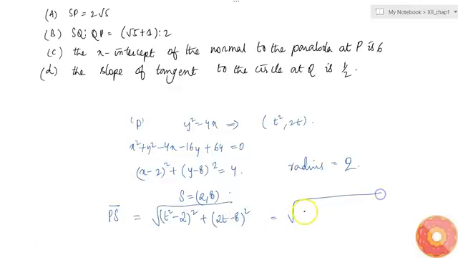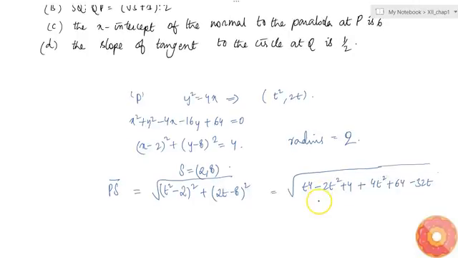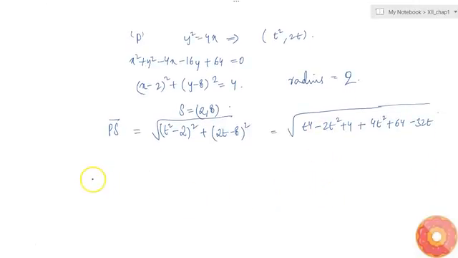So that is equal to square root of t to the power 4 minus 4t square plus 4 plus 4t square plus 64 minus 32t. This is the distance. We have said that PS is minimum, so that means this is at its minimum.